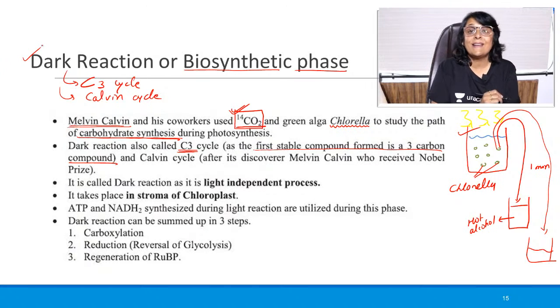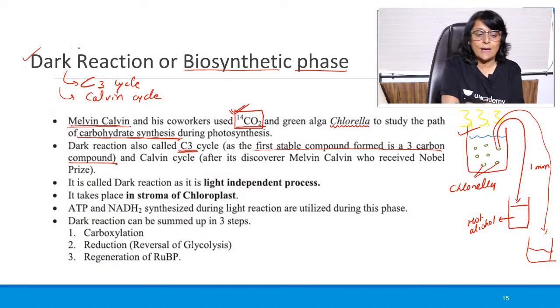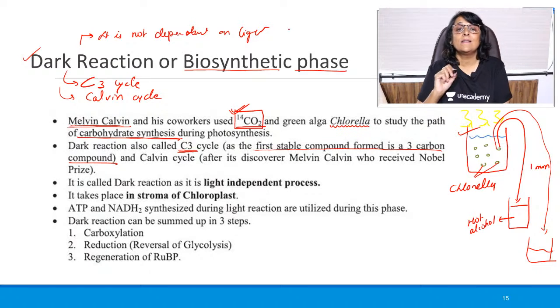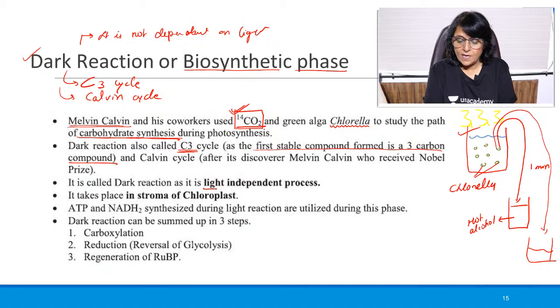It is called dark reaction. Why is it called dark reaction? Because it is not dependent on light. So you can call it light independent reaction. See, it is light independent reaction.